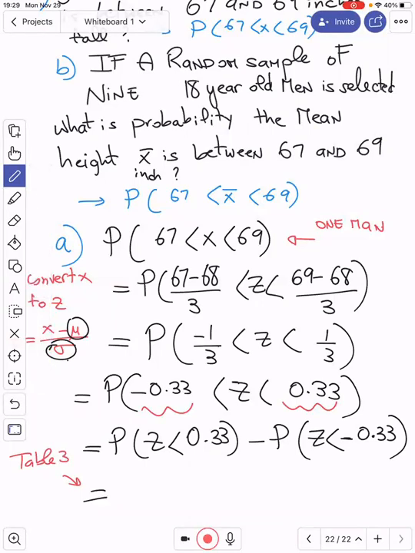For Z less than 0.33, if you check the table, the nearest tenth is 0.3 and the nearest hundredth is 0.03, so that's 0.6293. Now for negative 0.33, on the first page of the table, the nearest tenth is minus 0.3 and the nearest hundredth is 0.03, so that's 0.3707. And the difference is 0.2586.